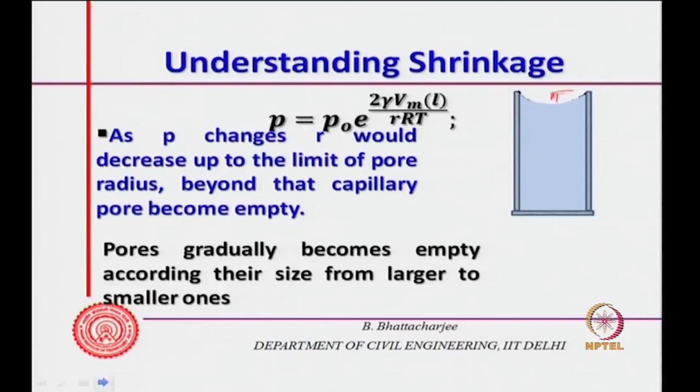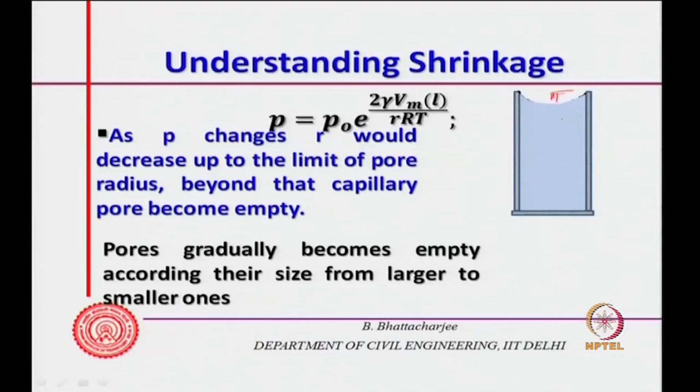Once this reaches r, further change in the vapor pressure would result in the pore becoming empty. In the case of drying, the vapor pressure changes, the pore curvature will change, and a time will come when the curvature radius of the surface and the radius of the tube are the same.